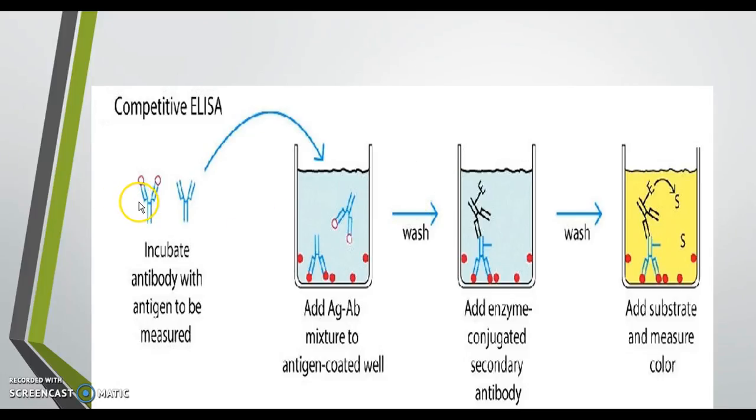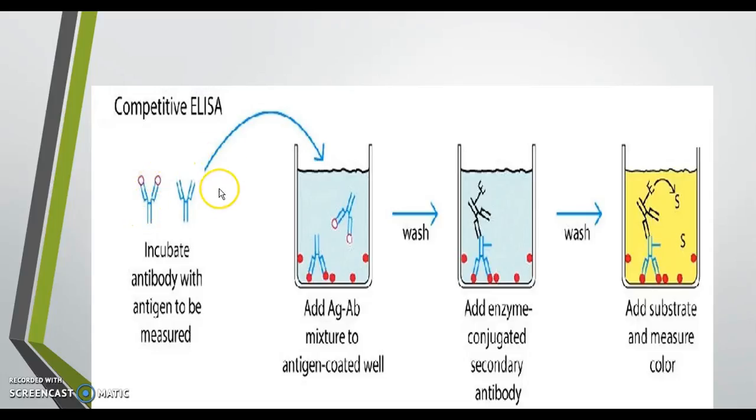During a competitive ELISA, antigen and an antibody are incubated at 37 degrees. On the walls of the ELISA plate, the same antigen is also being used. Why do we incubate the antigen and the antibody at 37 degrees? This is because we want to create an antigen-antibody complex, and this complex will then be added to the ELISA wells.